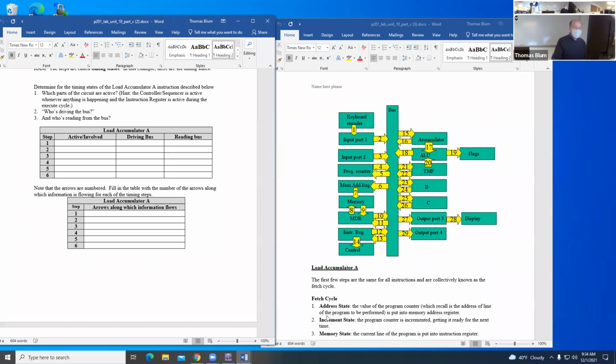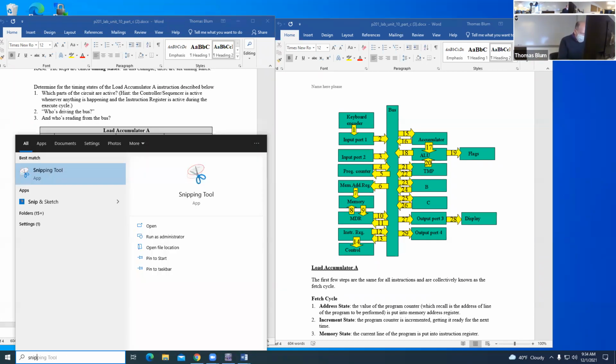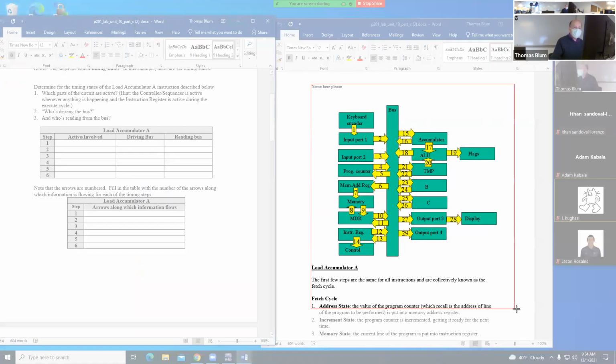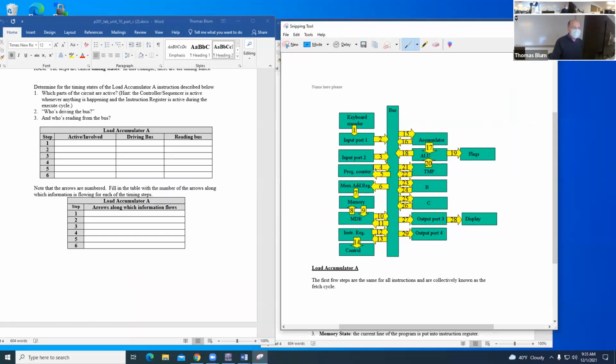So the first instruction was to get the value of the program counter over to the memory address register. So I'm going to repeat the first part and then finish it this time. The first action over here in my picture is to move from the program counter to the memory address register. So I say who's involved.